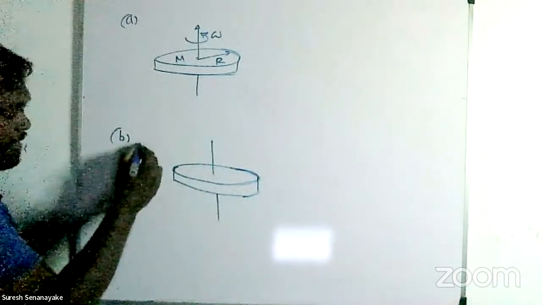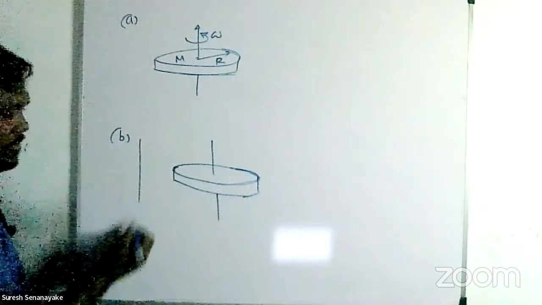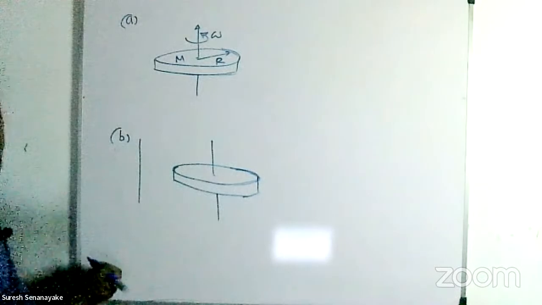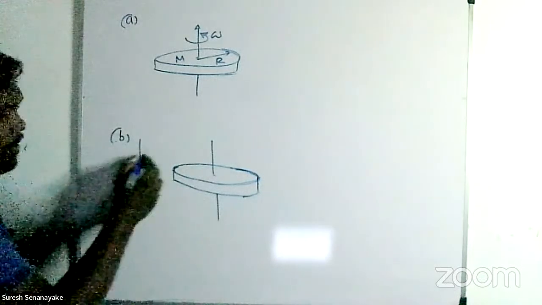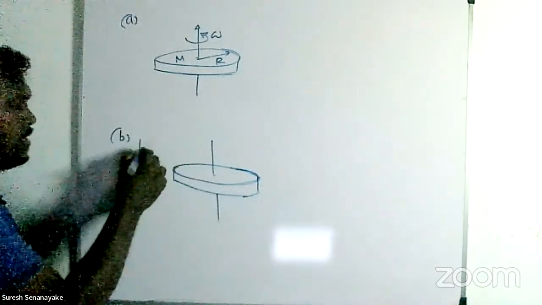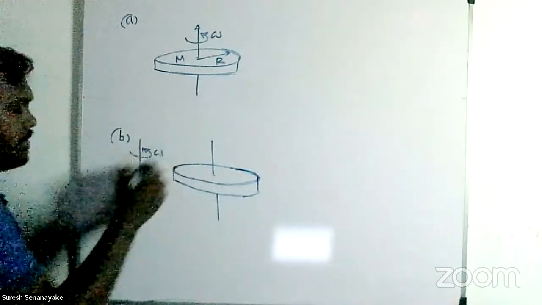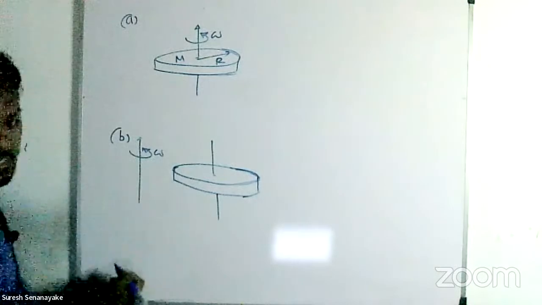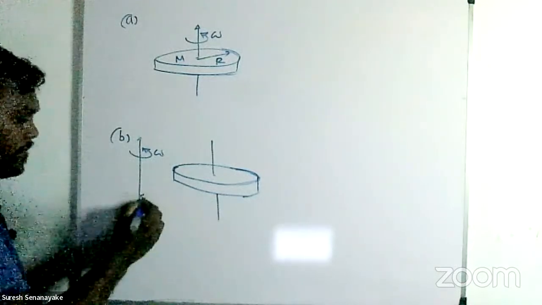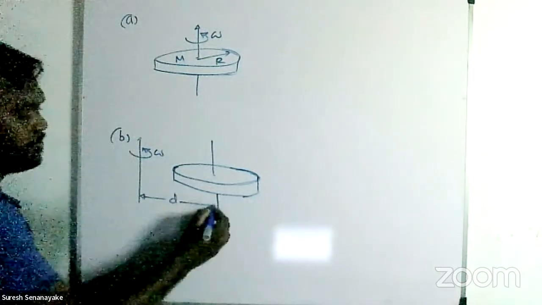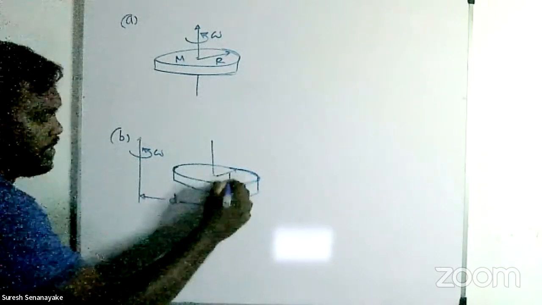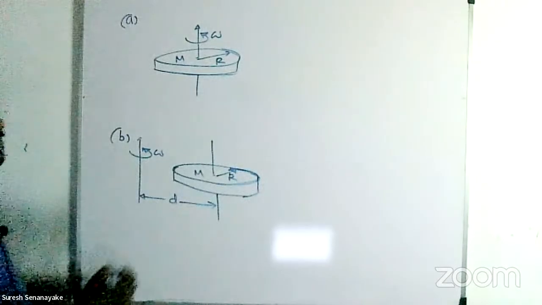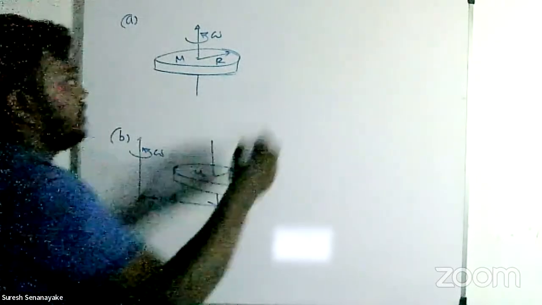Now I'm considering an axis passing through this point, but parallel to the axis passing through the center of mass. Omega is the angular velocity about this axis, not about the other axis. The distance between the axes is d. The radius is r and the mass is m. You need to find the angular momentum of this system also.